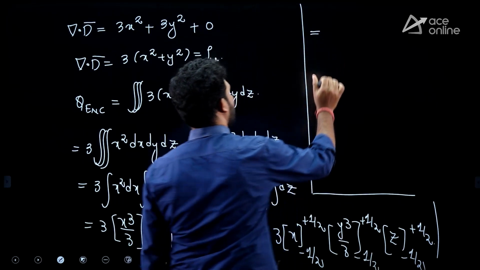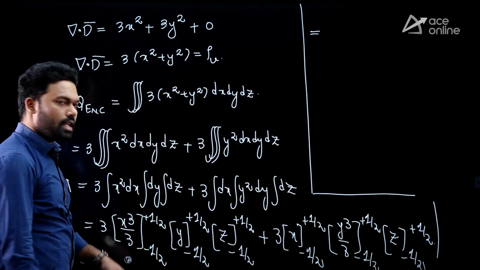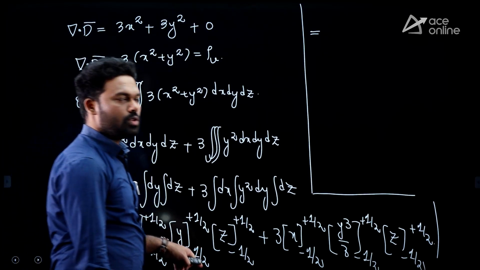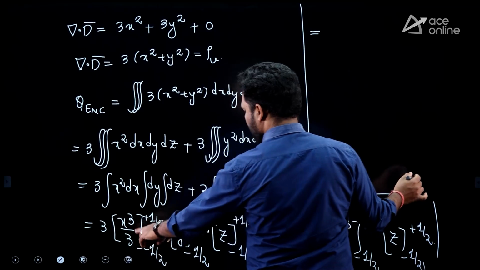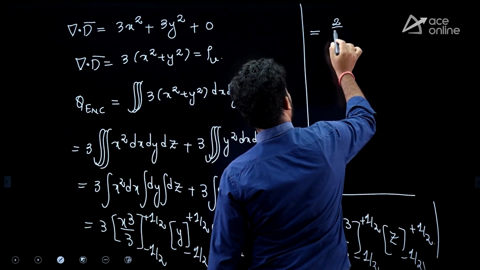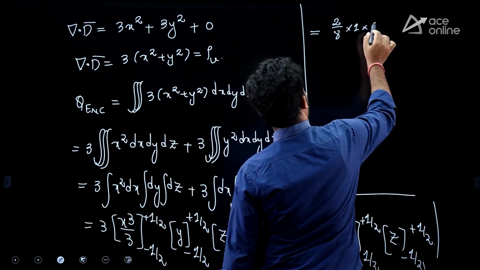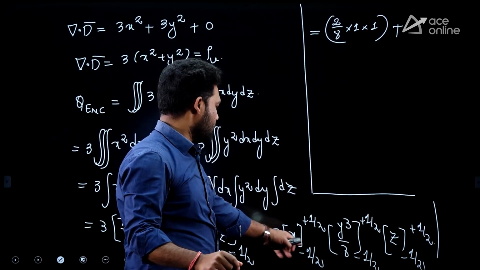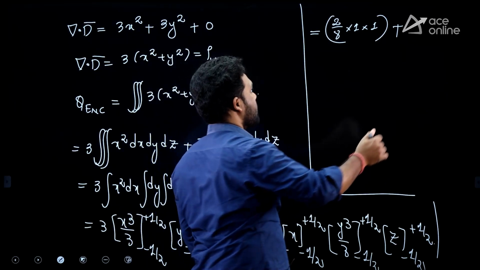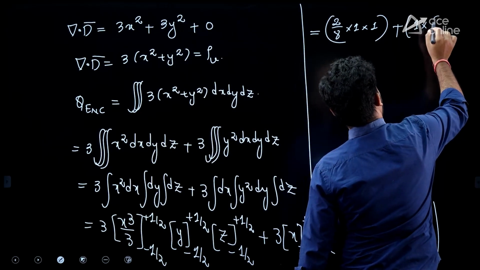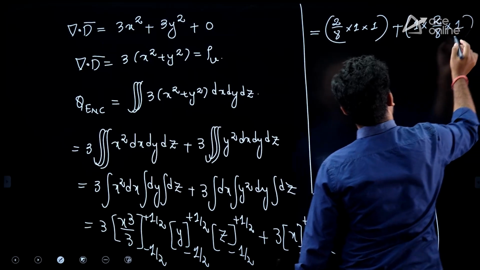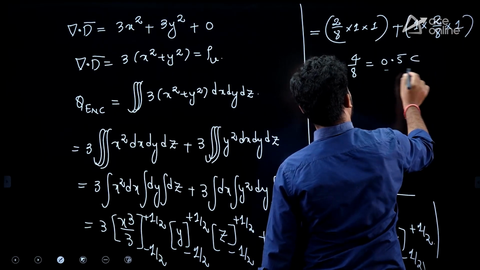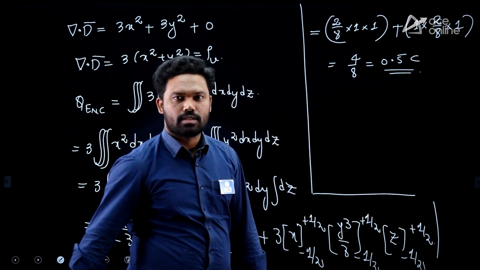Upper limit minus lower limit. The 3 will cancel out. So x cubed gives 1 by 8 minus of minus 1 by 8, so it is 2 by 8 into 1 into 1. Plus the same thing for the other term, the 3 will cancel out, so 1 into 2 by 8 into 1. So this is 4 by 8, which is 0.5 coulombs. 0.5 coulombs is the answer.